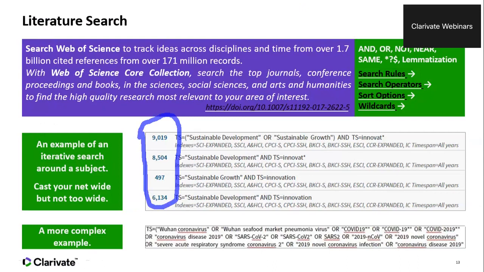Now, in this case, when we are doing a search on the Wuhan coronavirus, you notice we have chosen as many synonyms as possible.